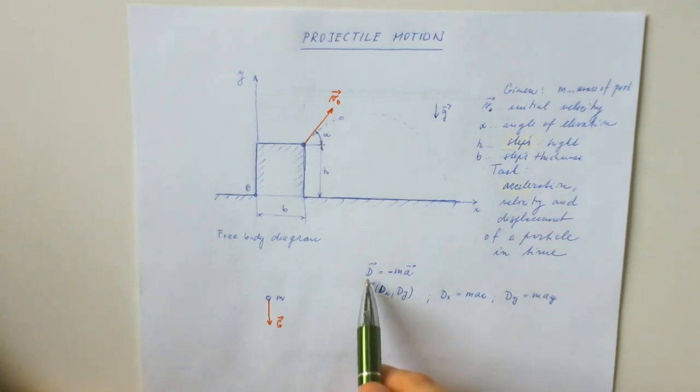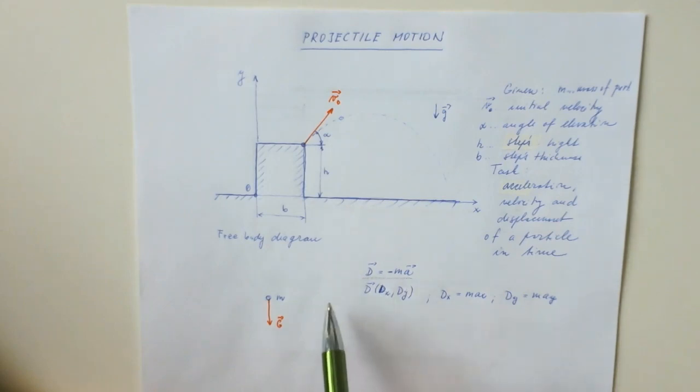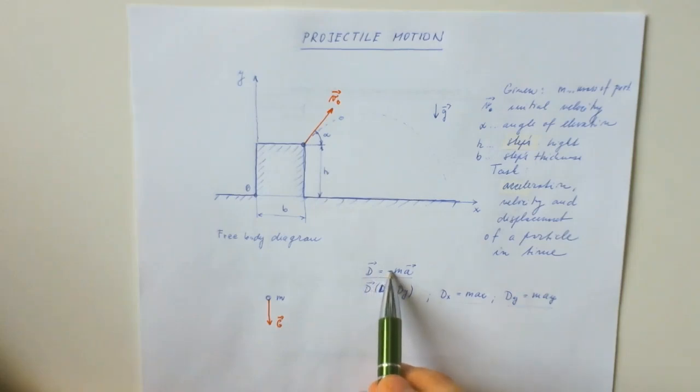Please make a difference between the vector definition and the size of the vector. So this is a vector definition.